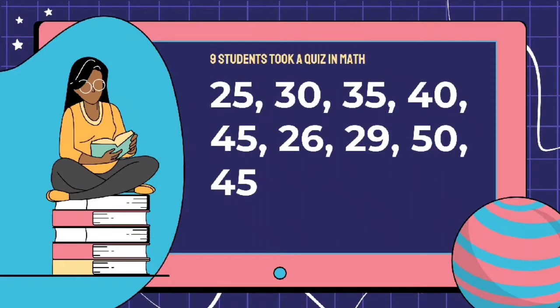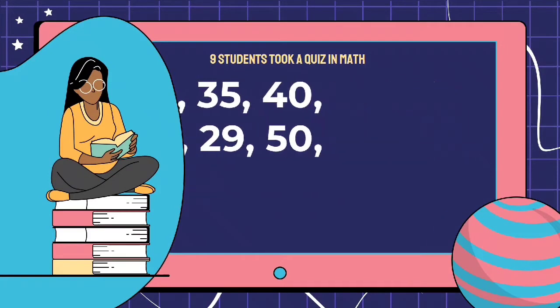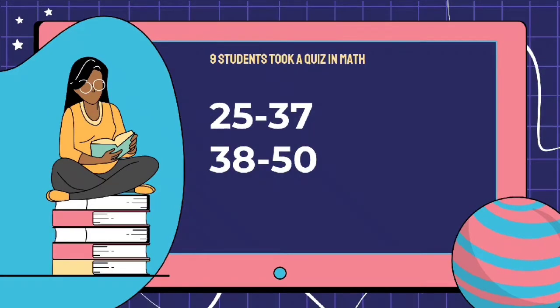So what we are seeing here are ungrouped numbers. These numbers are not categorized in any way. Therefore, we can say that this is an example of ungrouped data. But if we categorize these numbers, like for example, the number of students that got a score ranging from 25 to 37, it is now considered as group data since it is now categorized.